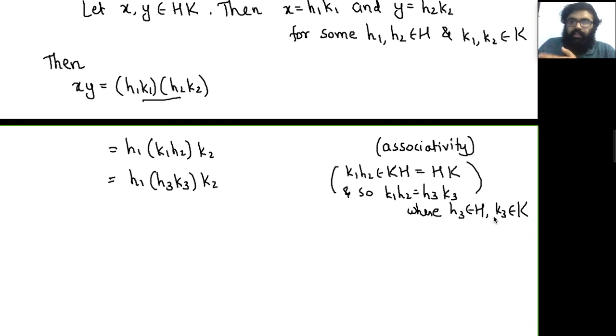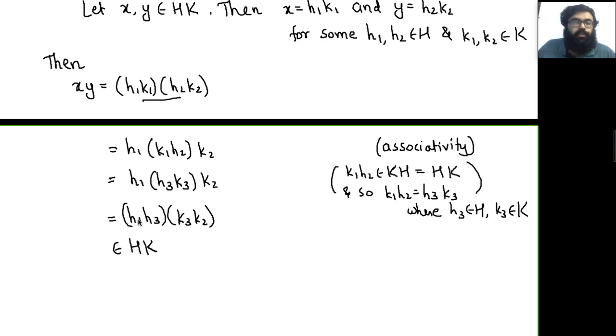We cannot say k1 h2 equals h2 k1, but at least we can say k1 h2 belongs to HK, so it can be written as one element of H and another element of K. Now again by associativity, I can write this as h1 h3 k3 k2, and this belongs to HK.